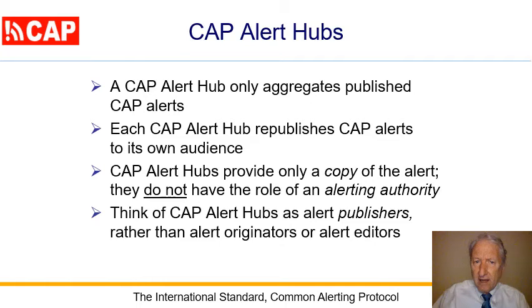The Alert Hub aggregates CAP feeds published by alerting authorities and republishes those alerts almost as soon as they were published. It's important to emphasize the CAP Alert Hub provides only a copy of the alert. It does not have the role of an alerting authority. You can think of a CAP Alert Hub as a publisher rather than an originator or an editor.